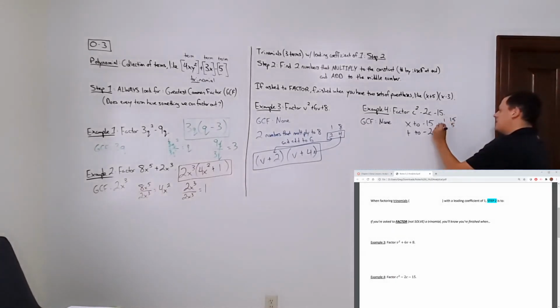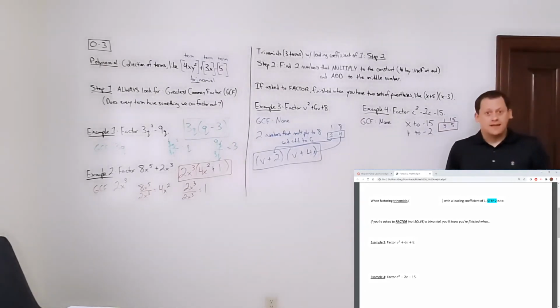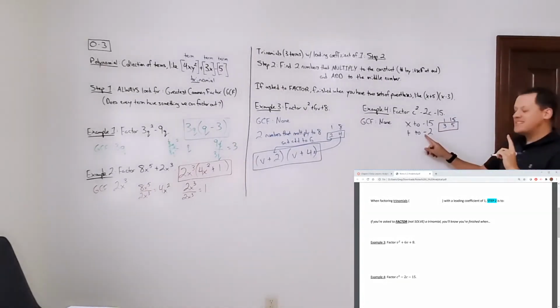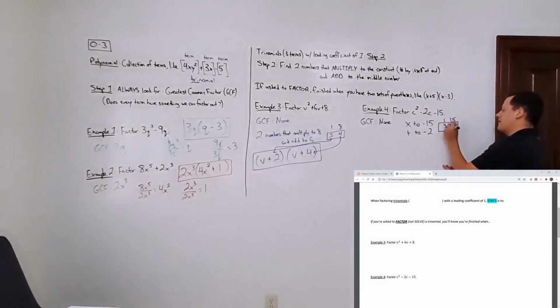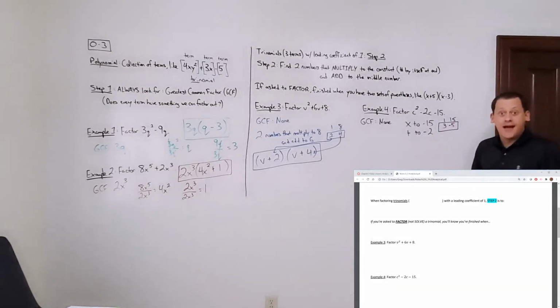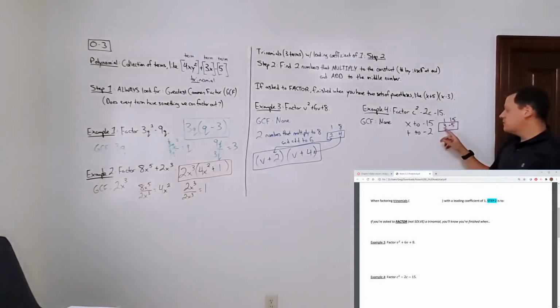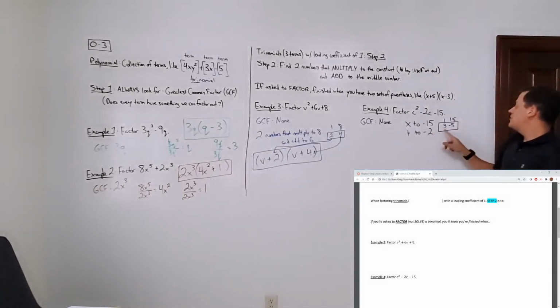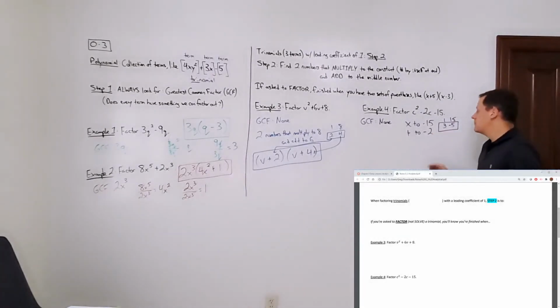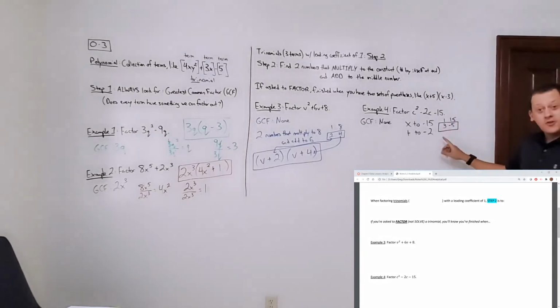So we're definitely going to be using 3 and 5, but which of them is negative? If they add to negative 2, the 5 has to be the negative number, right? You could guess. If you guess that 3 is the negative number, 5 minus 3 would give you positive 2. To get negative 2, the 5 is the negative one. So we've got our two numbers.